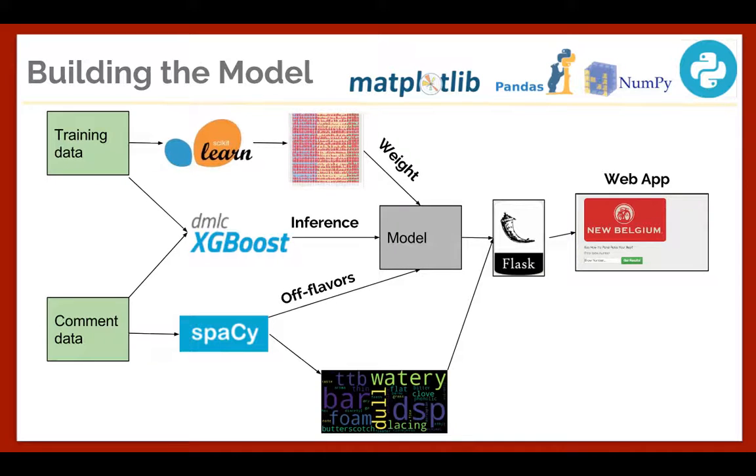By joining those two tables, I'm able to build an XGBoost model, which allows us to infer the probability of each of these off flavors being in that batch of beer. And I tie it all nicely together with a Flask app, which I'll show you now.